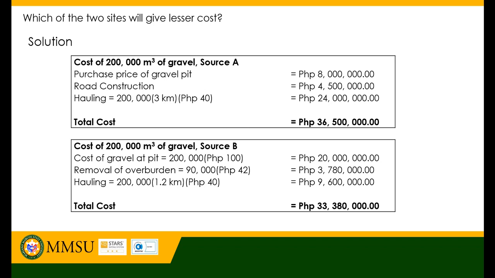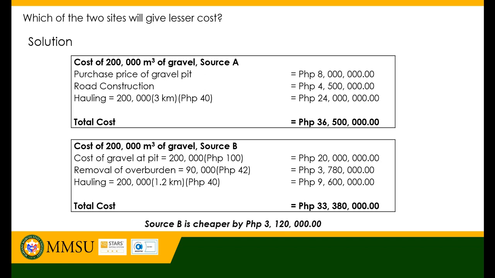So, 40 pesos per kilometer times 200,000 cubic meters. So, we have 9.6 million. So, add lang natin. That's 33,280,000 pesos. So, since we are talking about cost, then we choose the alternative which has the least cost.